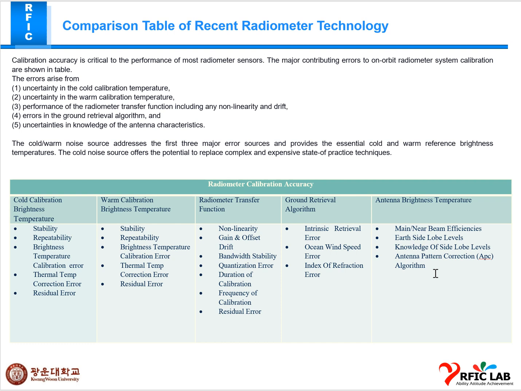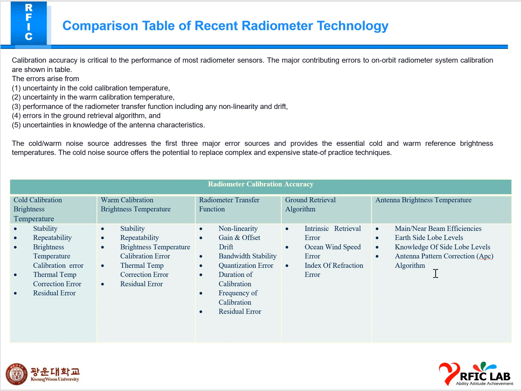In the first column, cold calibration brightness has stability, repeatability, brightness temperature calibration error, thermal temperature correction error, and residual error. In warm calibration brightness temperature, stability, repeatability, brightness temperature calibration, thermal temperature correction, and residual error are there.